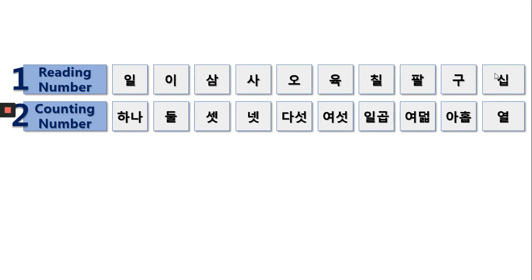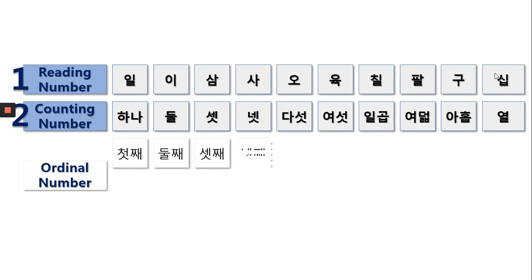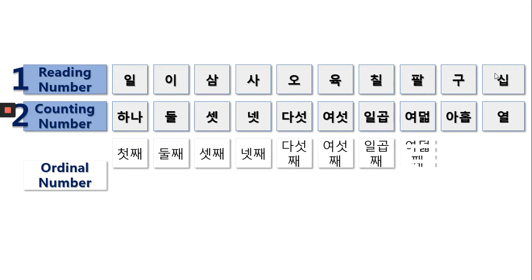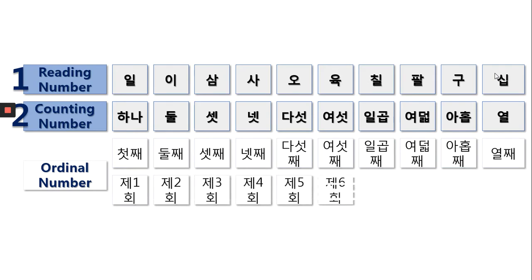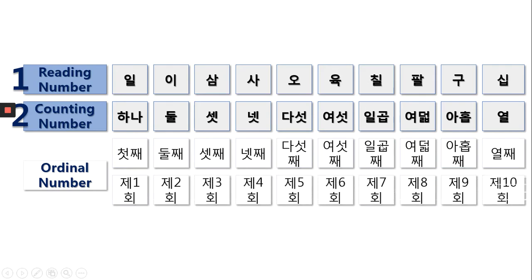And in Korean, we also have ordinal numbers. Ordinal number means first, second, third, fourth, fifth, like that. But that is quite simple. In English, they don't say one-th, two-th, three-th, right? They have their own words: first, second, third.